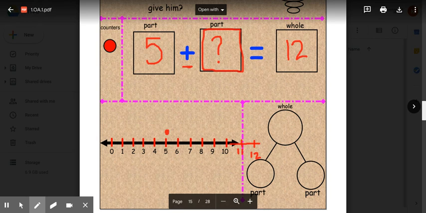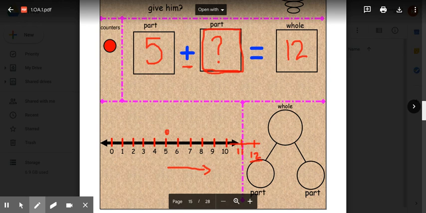I don't know how many spaces I'm jumping forward because I don't know how many rocks his mom gave him, but I do know that he ends up with 12 rocks, so I'm going to land on 12. Now our missing part will be how many jumps forward it takes me to get to 12. And I am jumping forward because I am adding, which means my number gets bigger.